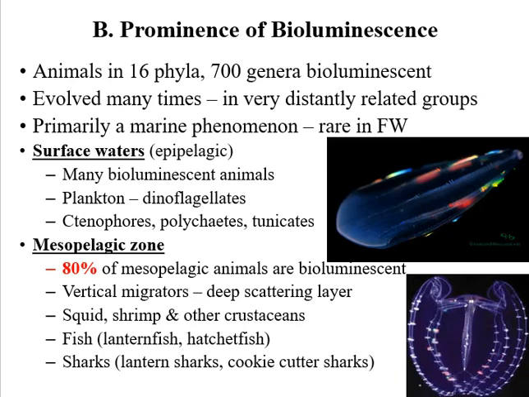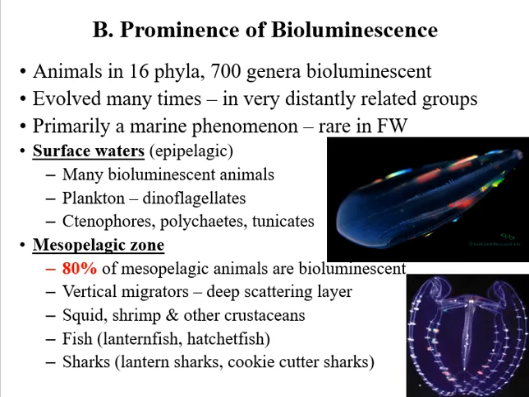As I mentioned, you think of fireflies and glowworms and all these different terrestrial organisms that bioluminesce. And a lot of the organisms that we looked at, the comb jellies and dinoflagellates, commonly bioluminesce. Squid bioluminesce, a lot of fish bioluminesce, polychaete worms bioluminesce, tunicates.